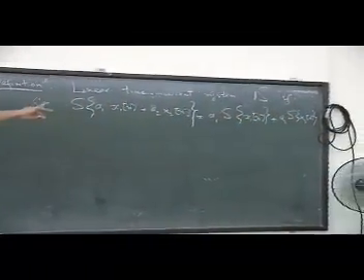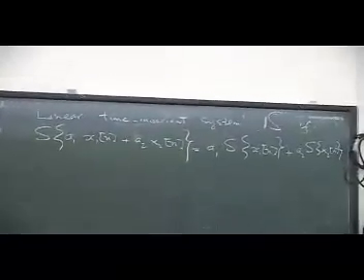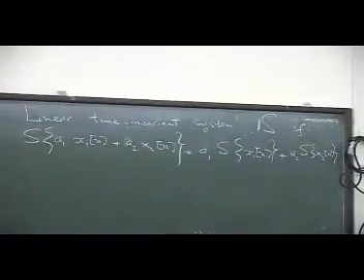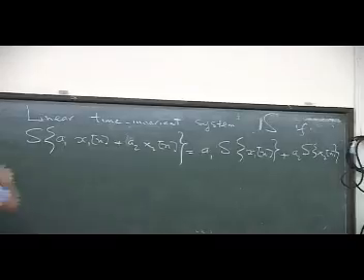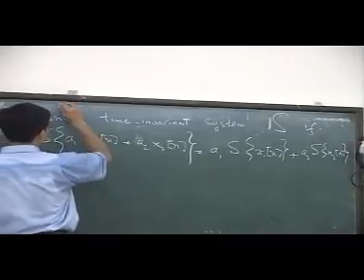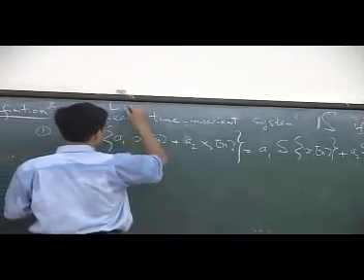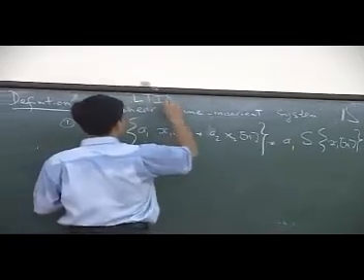So this is the linear property. A system that satisfies it is a linear system.